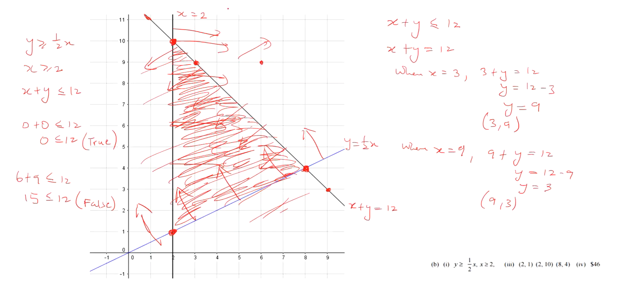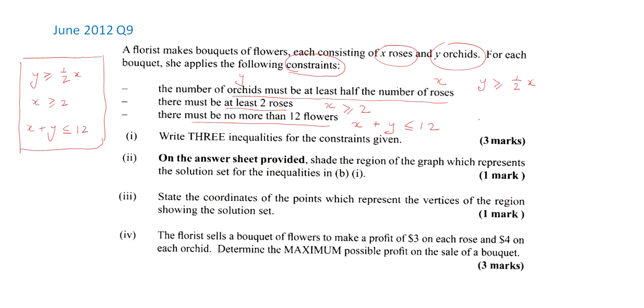And these vertices are important because chances are they're going to ask us something about them. So this point here is 2, 1. This point here is 8, 4. And this one here is 2, 10.